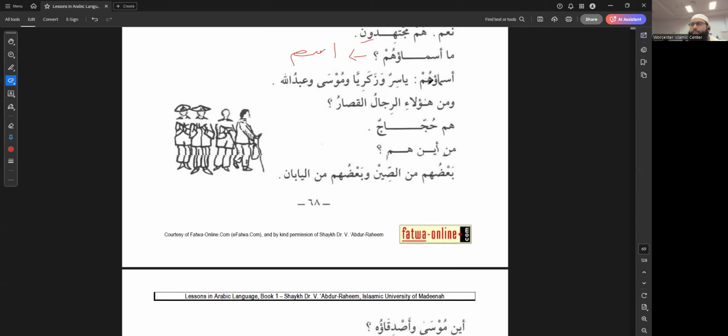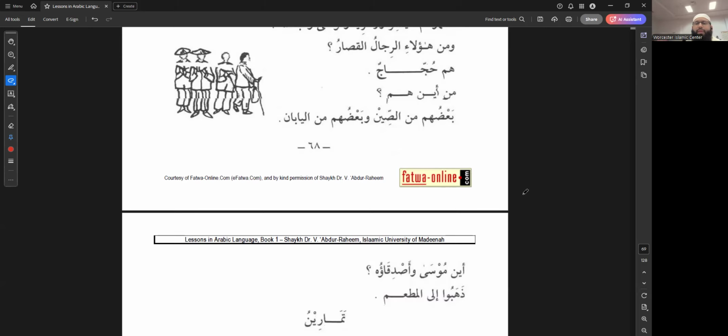He says asma'uhum, their names are Yasirun wa Zakariya wa Musa wa Abdullahi. These are four names, and they all look a little bit different. But we're going to cover that in the last lesson, why they look different and what that means.